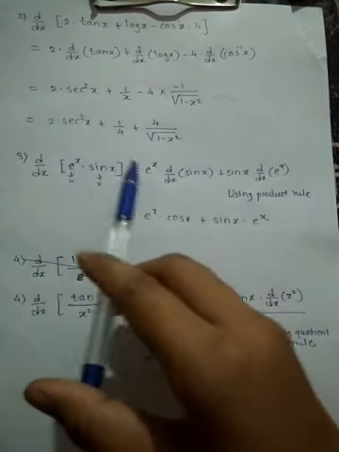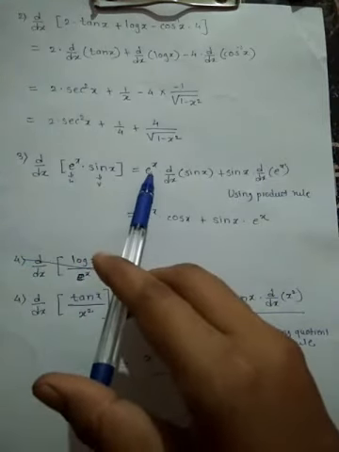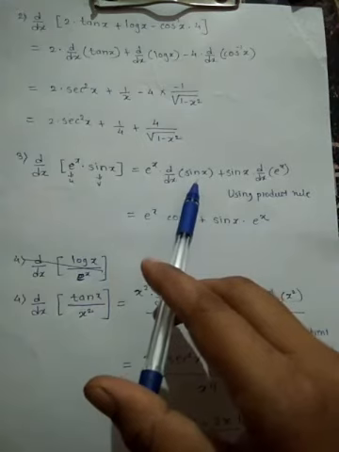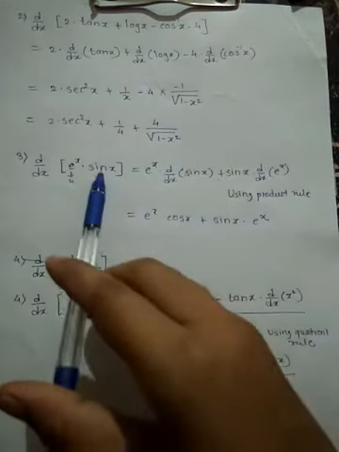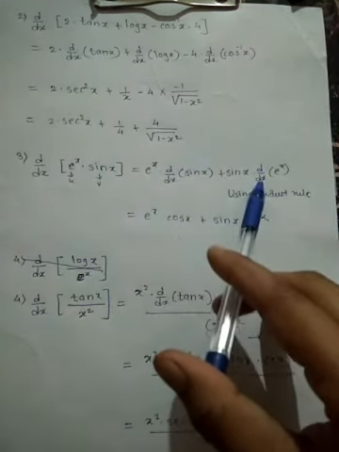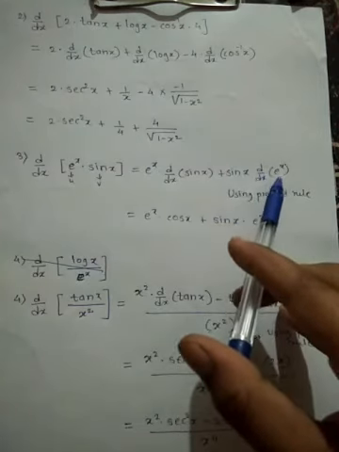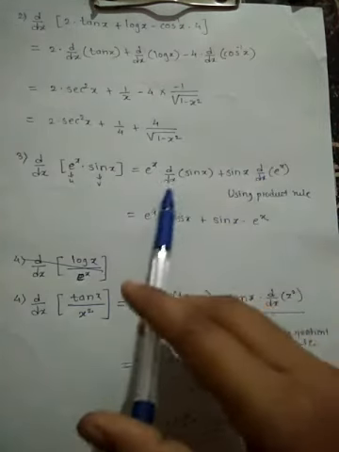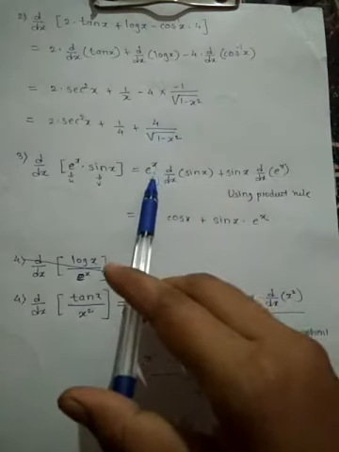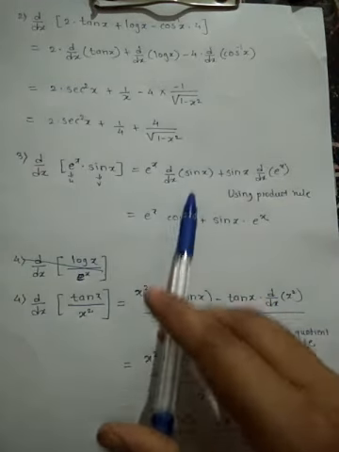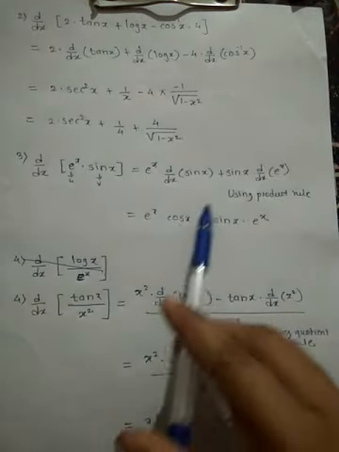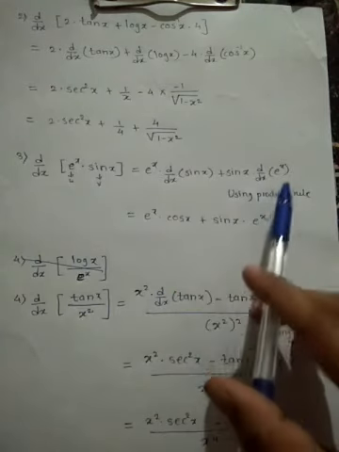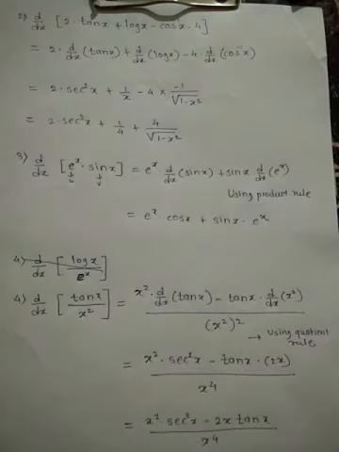First function e raised to x as it is, derivative of second function sin x, plus second function sin x as it is, derivative of the first function e raised to x. Simplify this step, we get e raised to x as it is, derivative of sin x is cos x, plus sin x as it is, derivative of e raised to x is e raised to x.